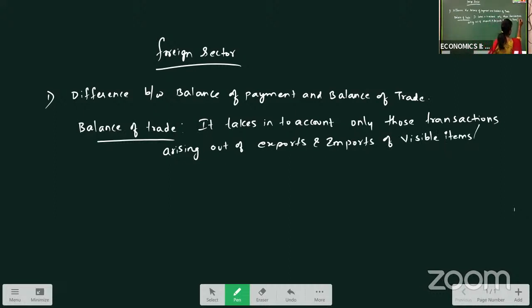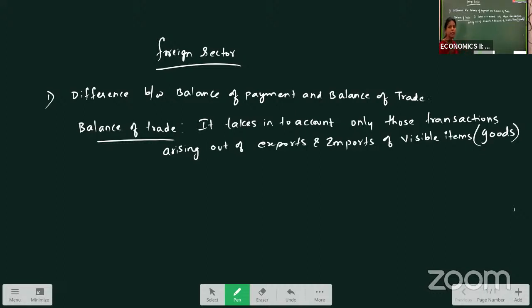Visible items means here only goods. Services are not included. Remember that point here. Balance of trade takes into account only those transactions arising out of exports and imports of visible items.